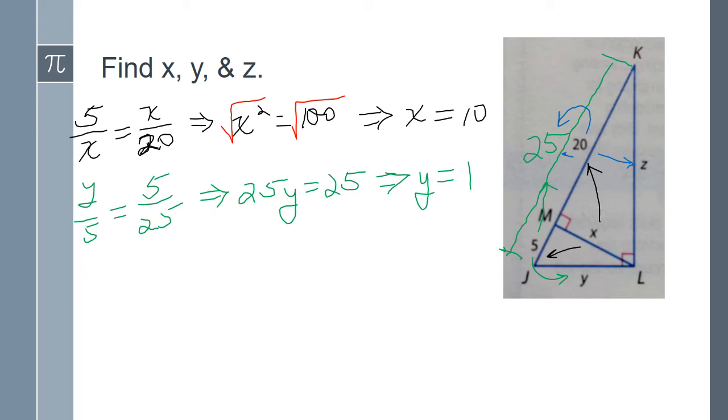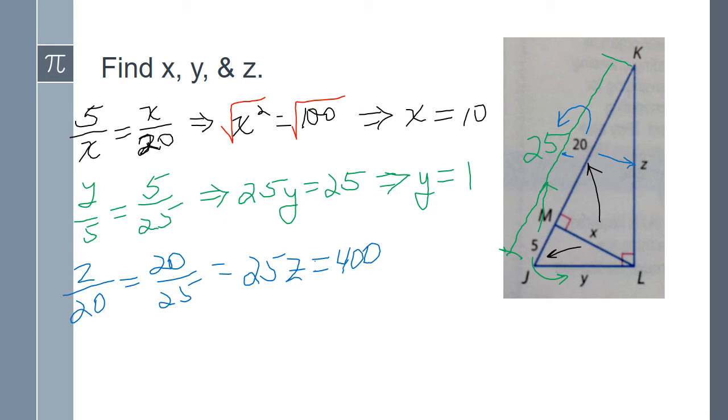We'll go again. Z over 20 equals 20 over 25. So we end up with 25z is equal to 400. So 25 goes into 400 16 times.